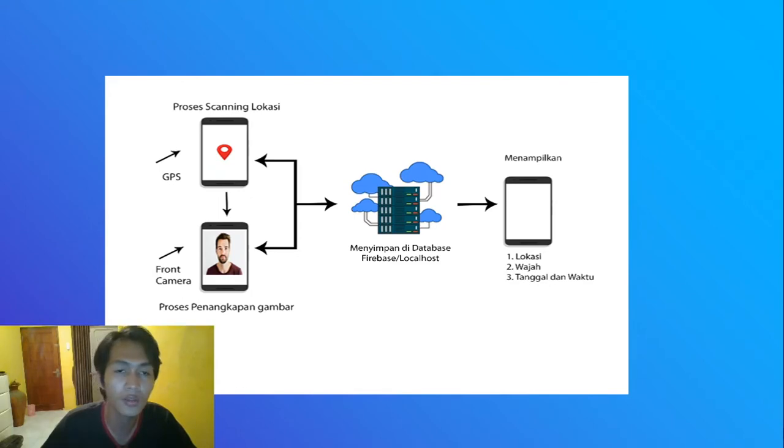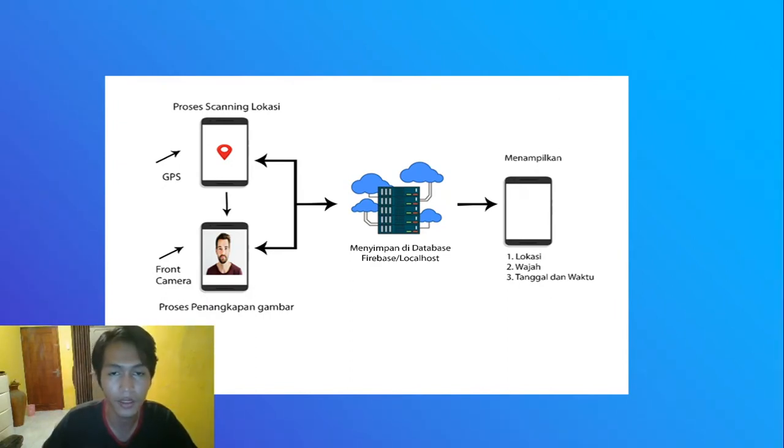I'm going to talk simply about my system model. You have to start the application, and then you need to scan the location. If the location is the same as the application needs, it will scan your face.